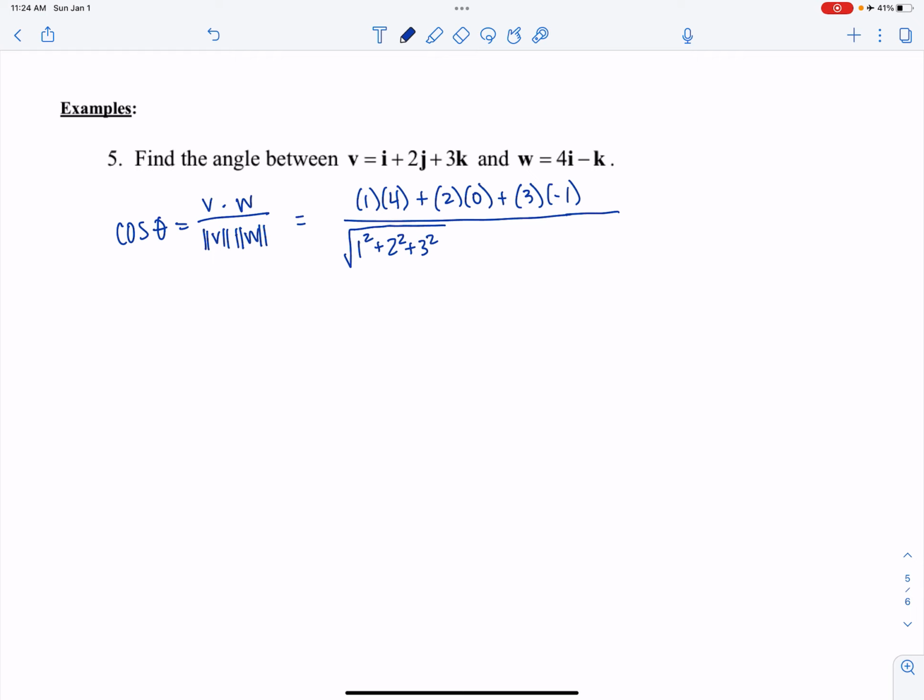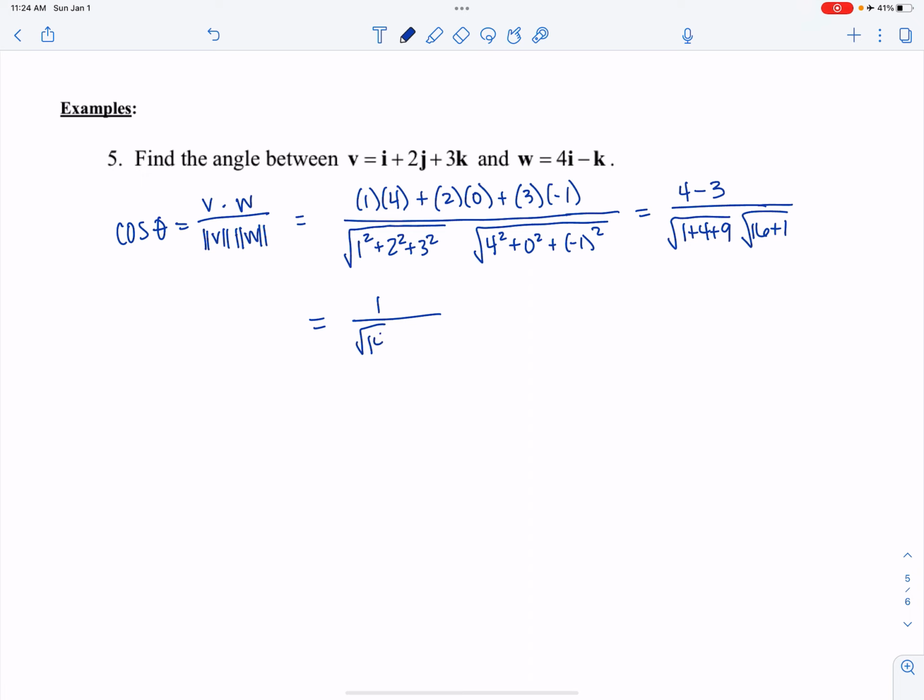And then we have that multiplying times the magnitude of W, which is 4 squared plus 0 squared plus -1 squared, all under square root. This will simplify to 4 minus 3 over 1 plus 4 plus 9 and 16 plus 1. This will give us 1 over square root 14 times square root 17.